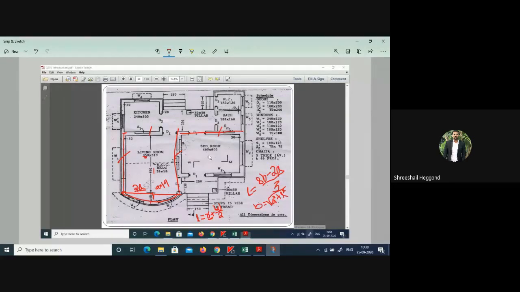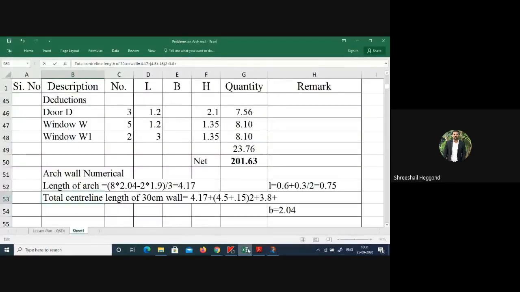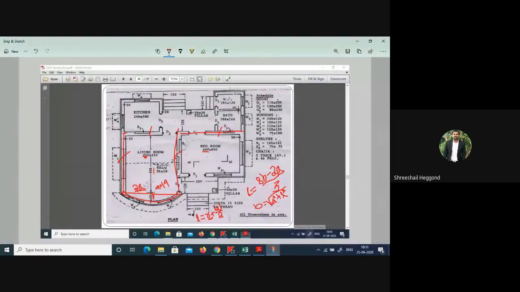Therefore, you can consider 4 meter horizontal internal plus both the side half of wall thickness, 4.3. That is 4.3 into 2 because there are two walls of the same length, this wall and this wall. Therefore, I will multiply by 2.